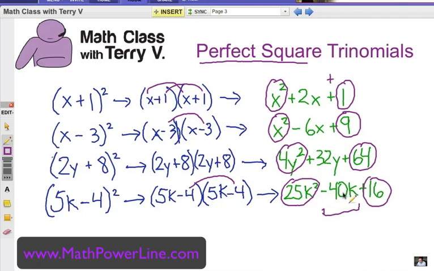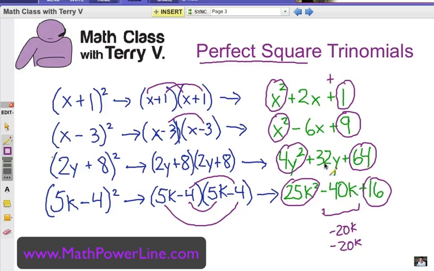Now the middle term is kind of interesting here. Negative 40k, if you take half of it, you get negative 20k. And the reason why we take half of it is because there's two of them when we use the FOIL method. We've got these inside ones here that give you negative 20k, and we have these outside ones that give you negative 20k. You get it twice, so it's doubled to get negative 40k.